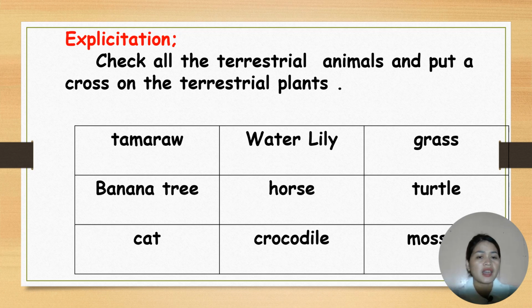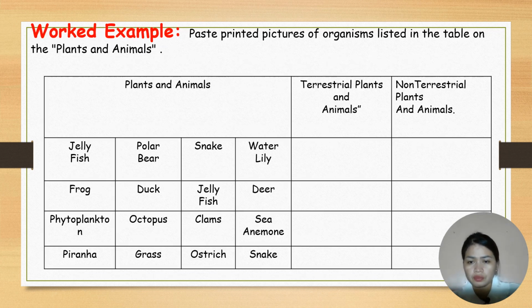Banana tree, cat, water lily, horse, crocodile, grass, turtle, and what word is this? Mouse. Okay, how about this one?